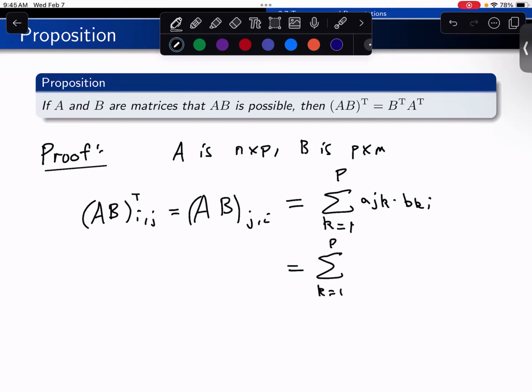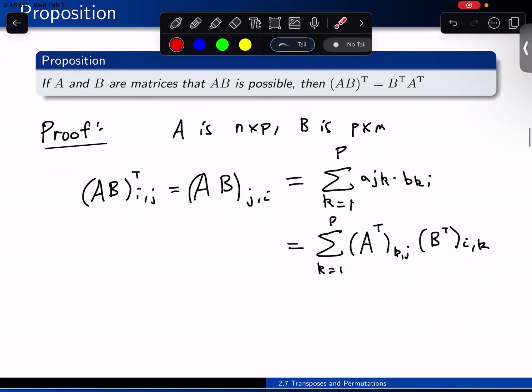This is really equal to the transpose entry kj of our matrix A, times the transpose of B, except the entries are going to be ik, because the transpose flips the order of the indices. And because we're looking at the kjth entry of the transpose, this is a real number, and this is a real number as well.